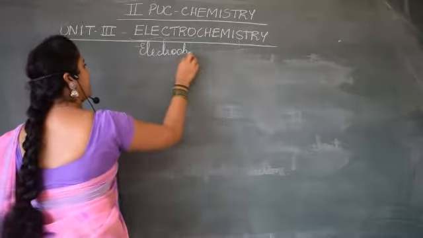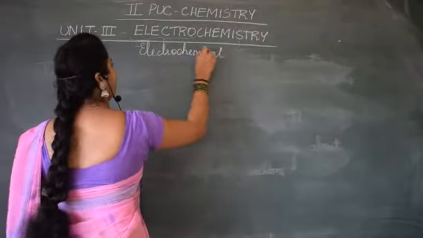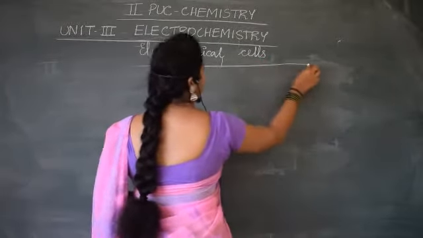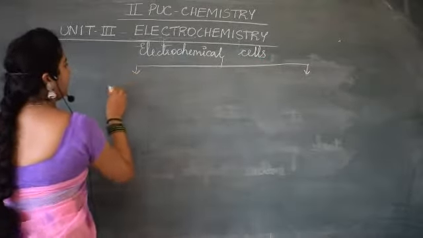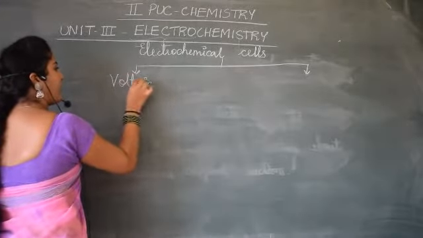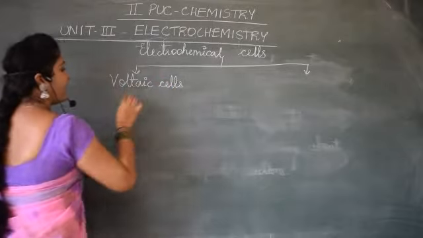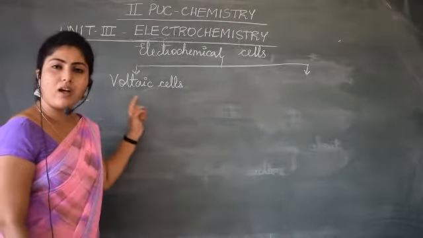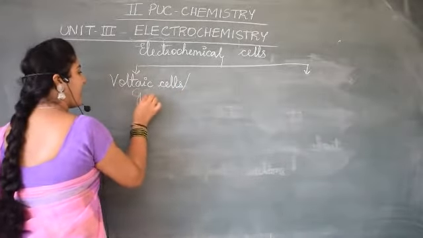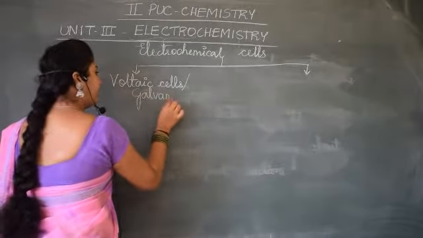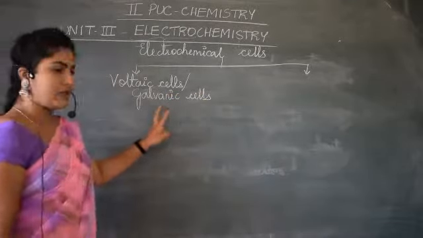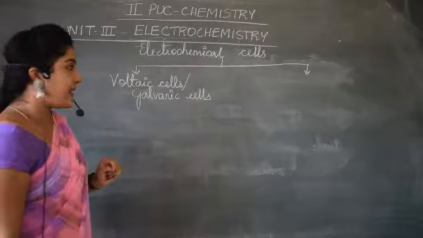Electrochemical cells are mainly classified as voltaic cells, which are also called galvanic cells.